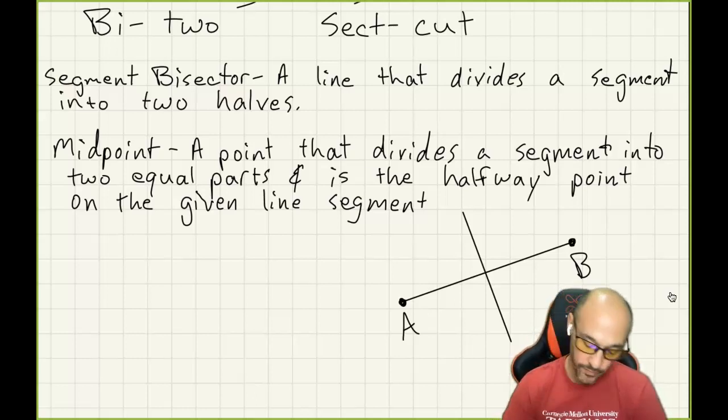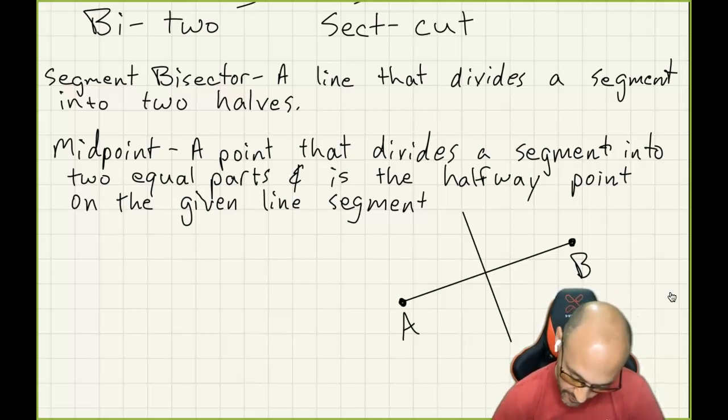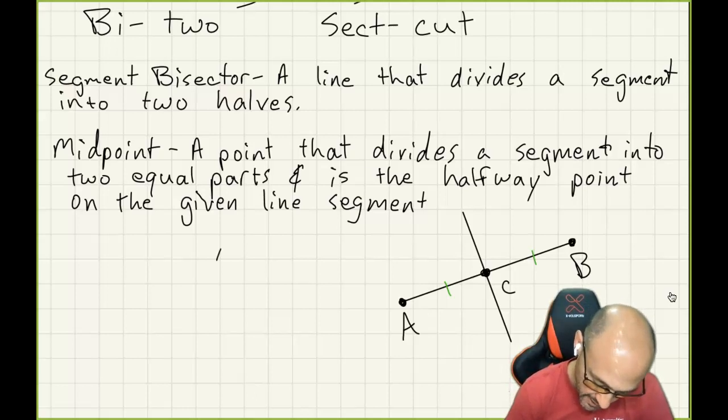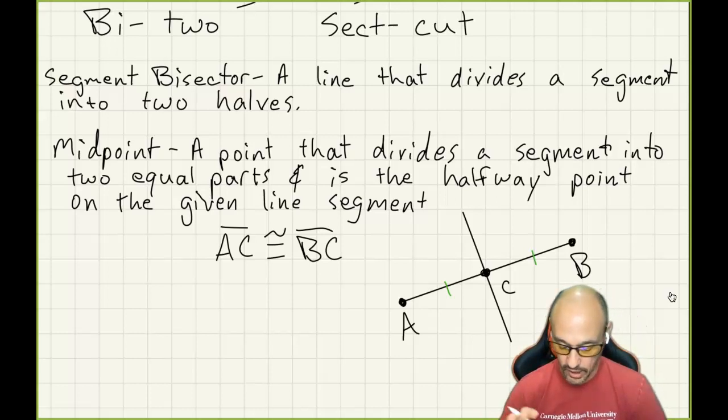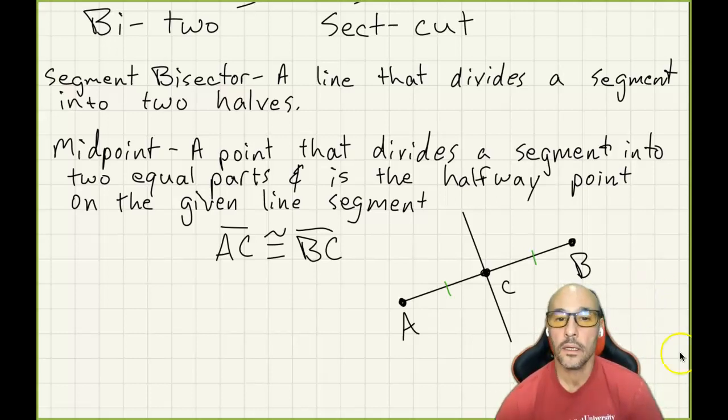And it's important that then if we think about this point right here as point C, this side is congruent to that side. So we would say segment AC is congruent to segment BC. Or we could say CB, either one, but BC I think is a nice way of looking at that. So now what we're going to do is we are going to bisect a line segment.